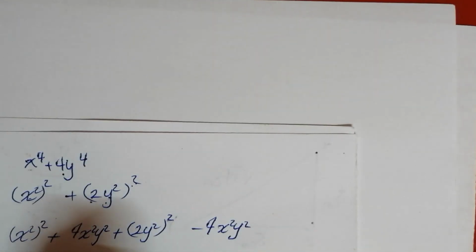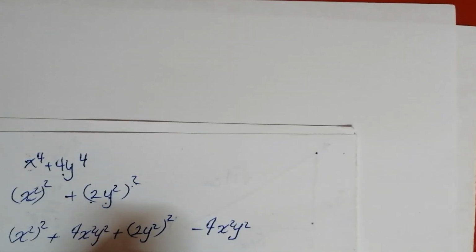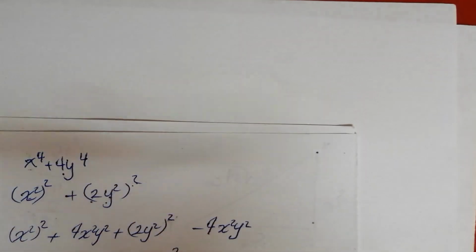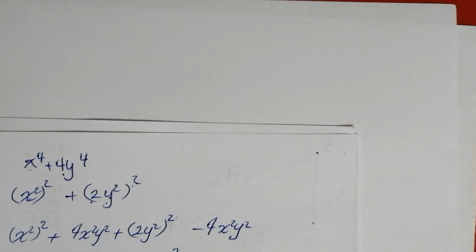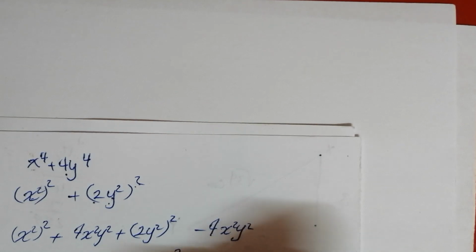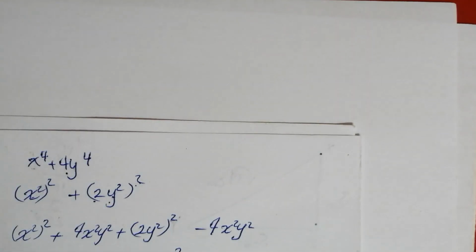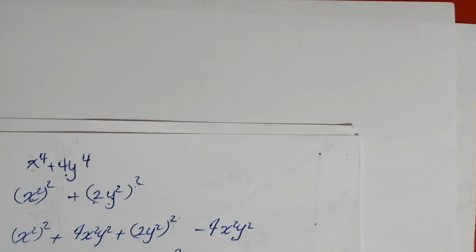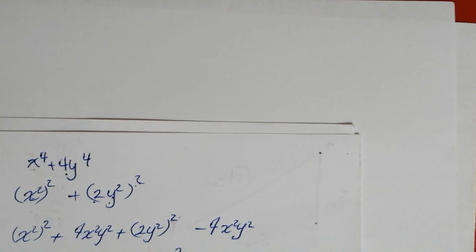x power 2 plus 2y power 2 all power 2, and this is the factorization of the perfect square trinomial, minus 4x squared y squared. I want you to notice the questions very well.